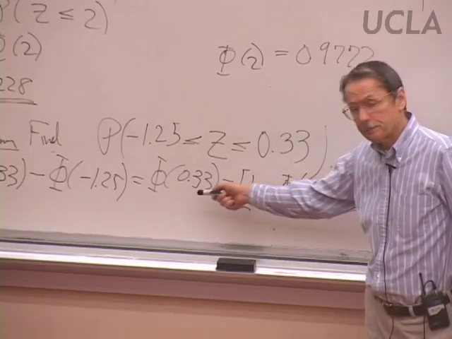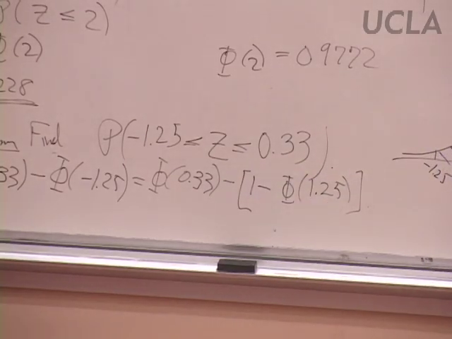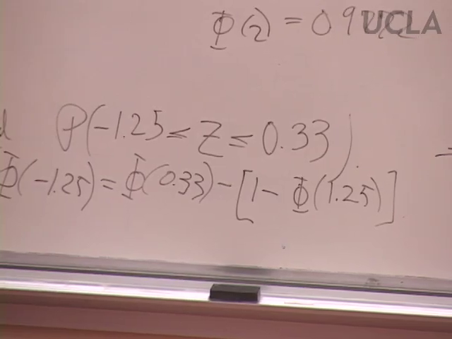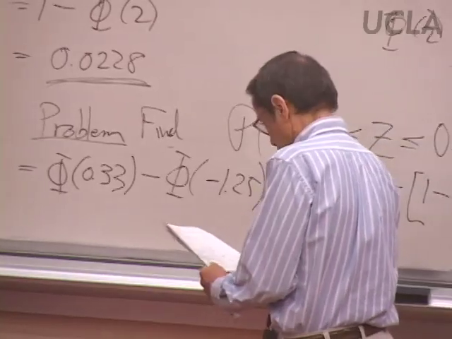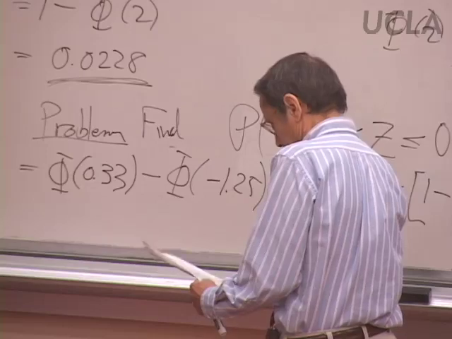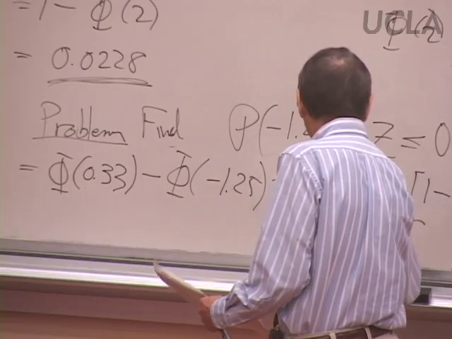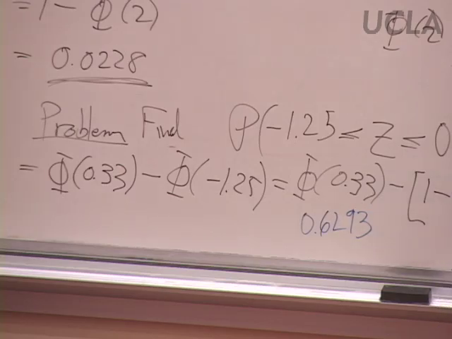Now we just have numbers between 0 and 3, so our table will handle those. Phi of 0.33, we look in our table, it's 0.6293. Phi of 1.25 is going to be more, 0.8944.